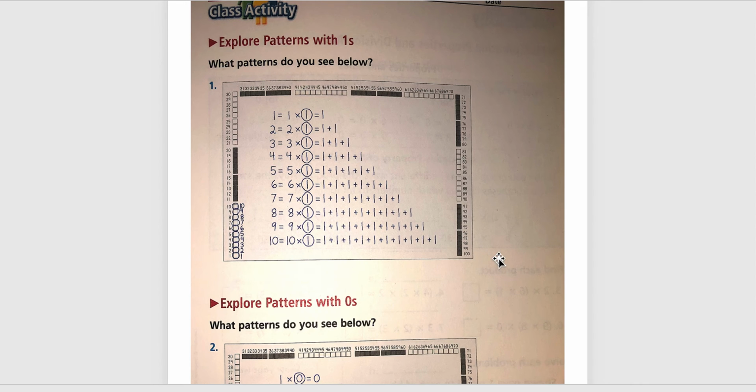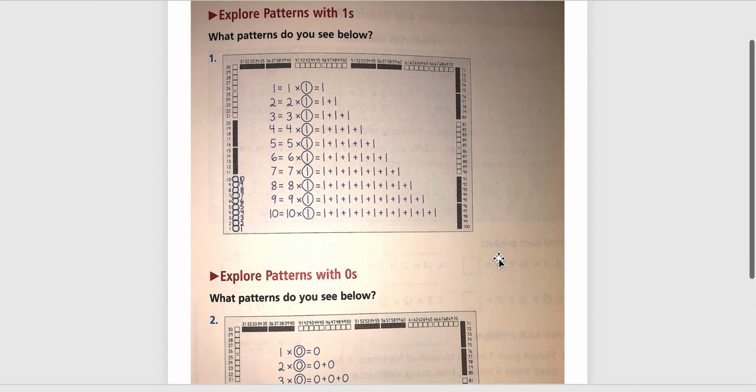Well, that would all be right because we are multiplying by 1. And when we do our count by ones, all we do is just a regular count, as if we were counting 1, 2, 3, 4, 5, 6, and so on. So that's pretty easy to remember. When we multiply by 1, it is just counting up by 1.